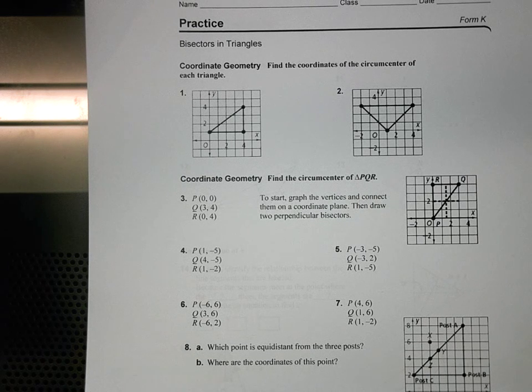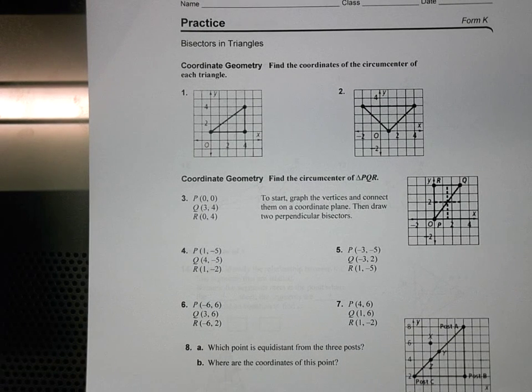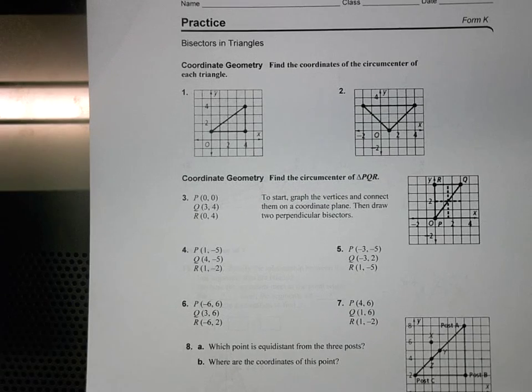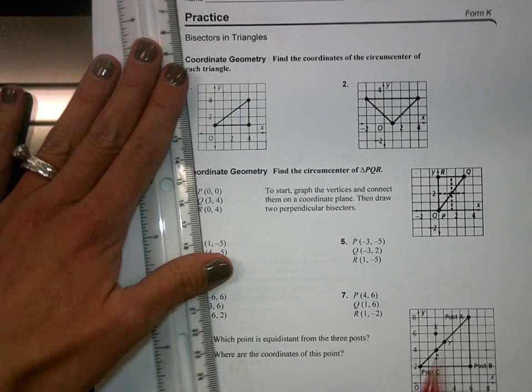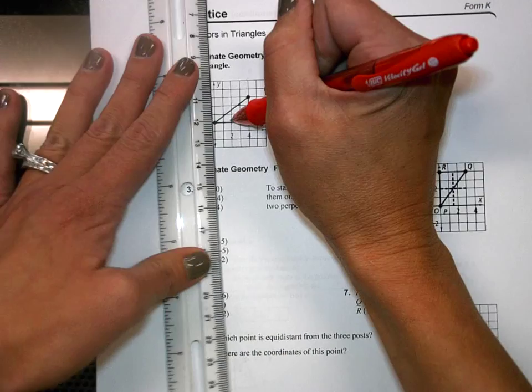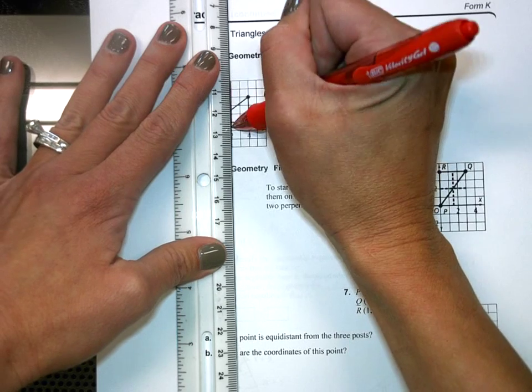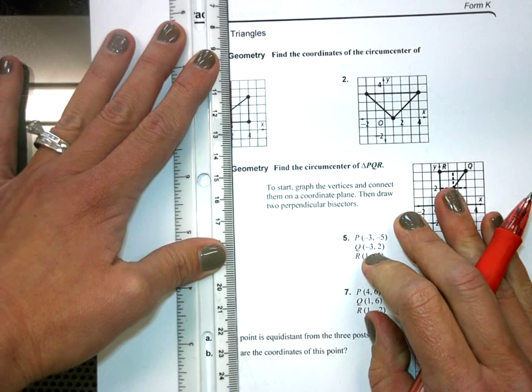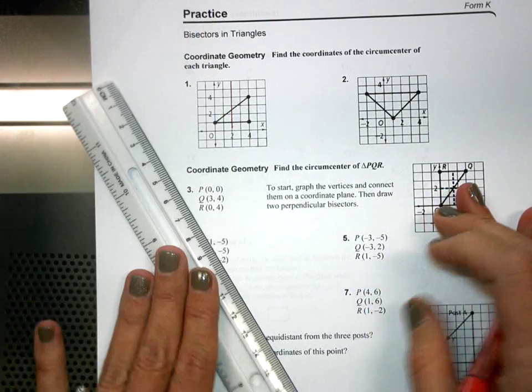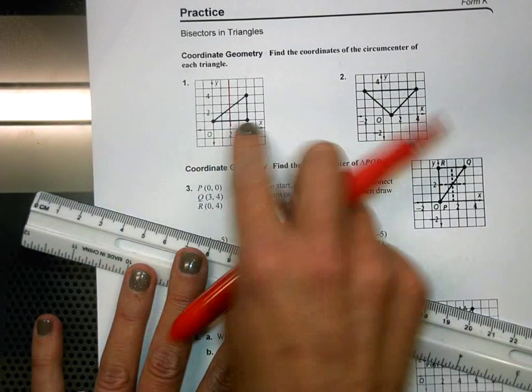Okay, so looking at number 1 first, where would the midpoint be on the hypotenuse? Can you kind of tell? If you can't tell, all you're doing for perpendicular bisectors is doing the midpoint of each of these lines. Remember, if I take 2 different lines, I know that it's the same point as all 3. So see how it's easy to intersect here, right?